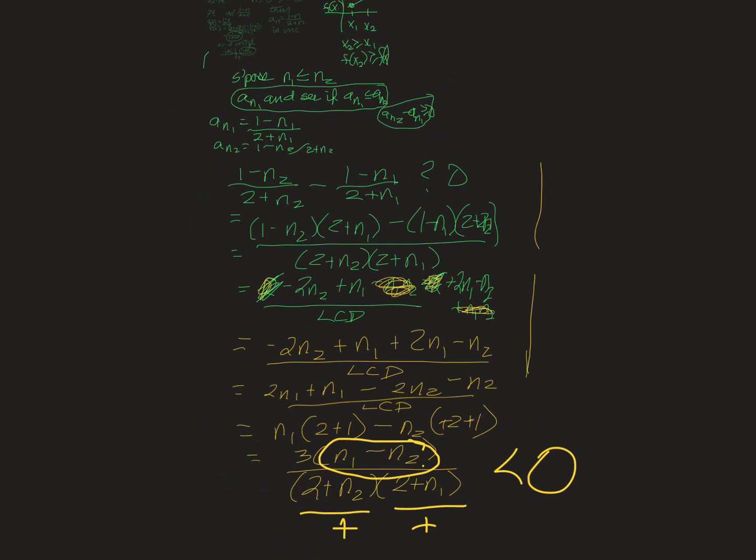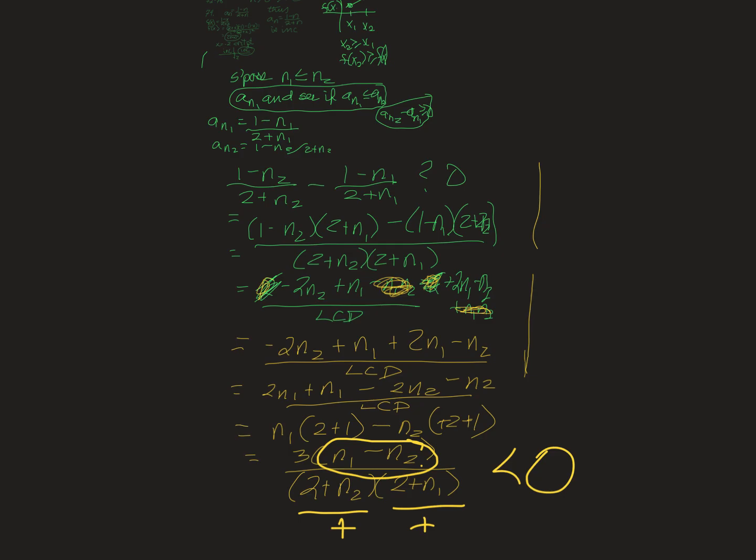And in order to show that it was increasing, we needed to show that a sub n2 minus a sub n1 was greater than 0. Oh, so this says it's decreasing. Oh boy. So that's opposite.